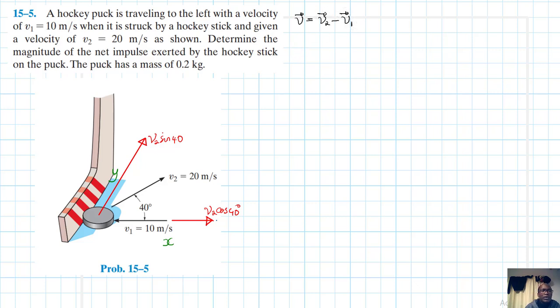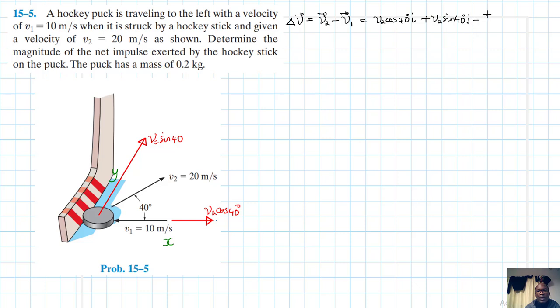The x component will have v2 cos 40 i, positive, and we do have v2 sine 40 j.